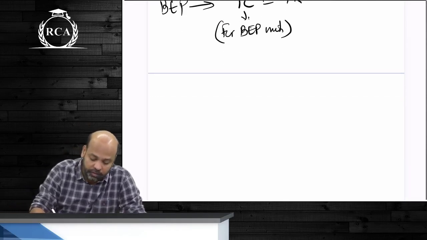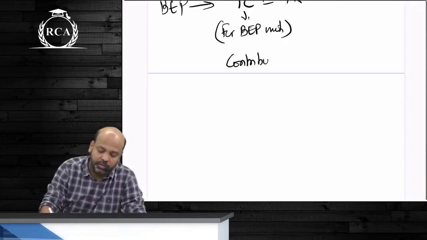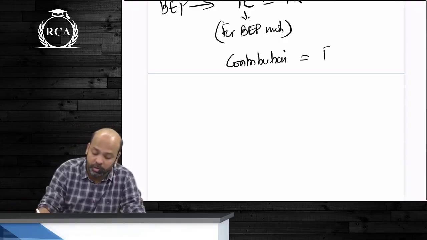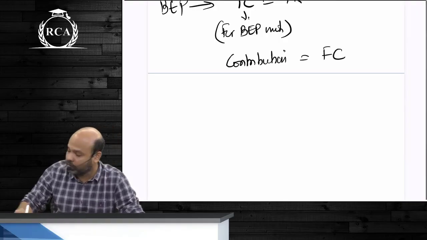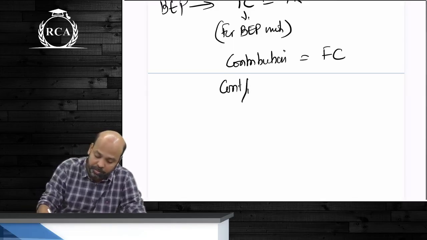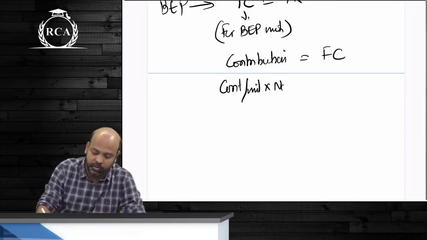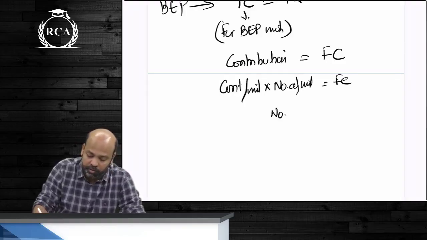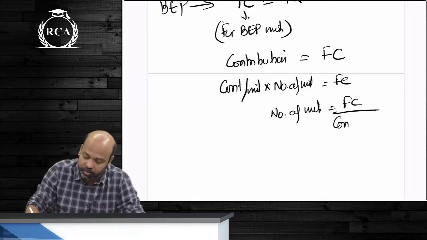Now, so obviously guys, at break-even point, the amount of contribution, better, should be equal to the amount of fixed cost. Contribution per unit into number of units should be equal to fixed cost. Number of units will be equal to fixed cost divided by contribution per unit.